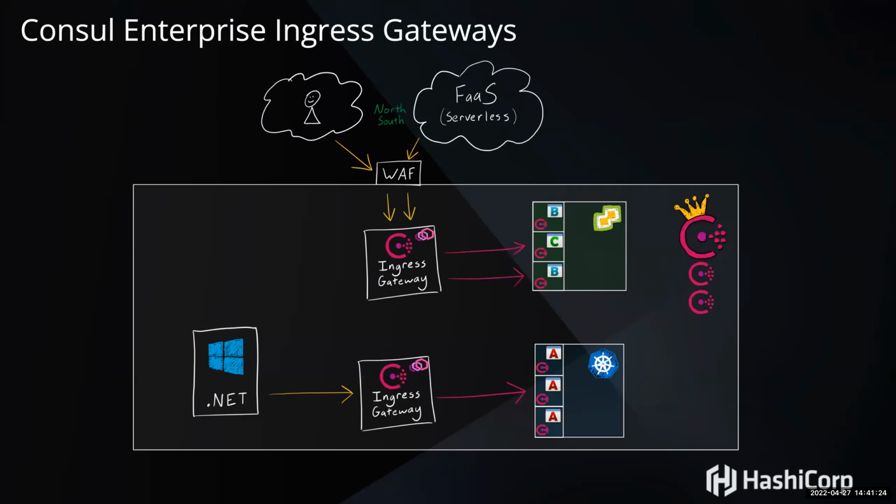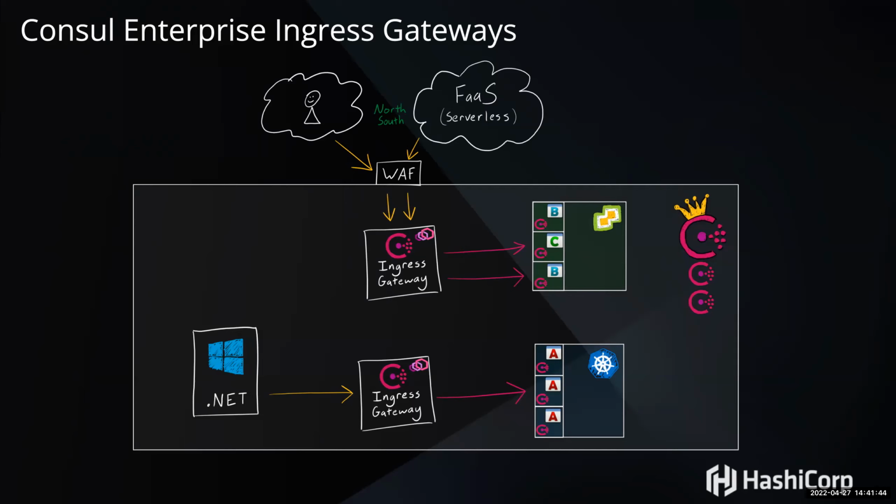And we typically want to make sure that the ingress gateway is front-ended with a web application firewall of some sort. There is also another element called the API gateway that we have in place. It's a modified version of the ingress gateway, which allows you to do additional functions, for example, external TLS authentication as well.